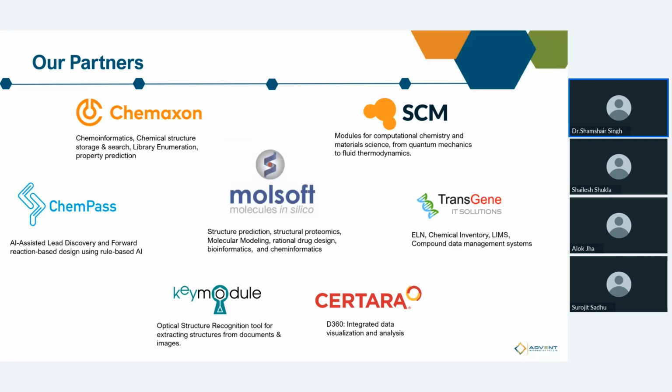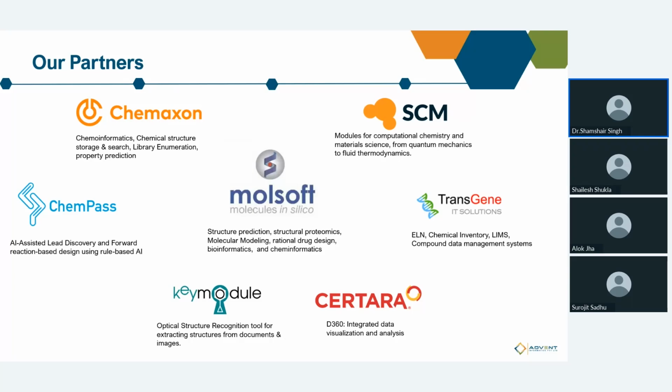And here are our partners, to name a few. Chemaxon, which everyone knows, is a global leader in cheminformatics. It is like ChemDraw, where you can do structure sketching, editing, and various property calculations. With regards to property calculation, I believe this is one of the best tools you can try out.